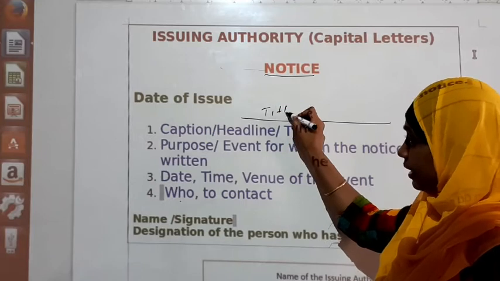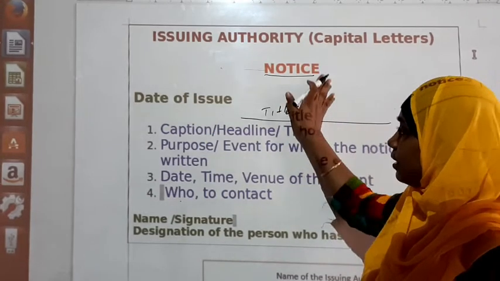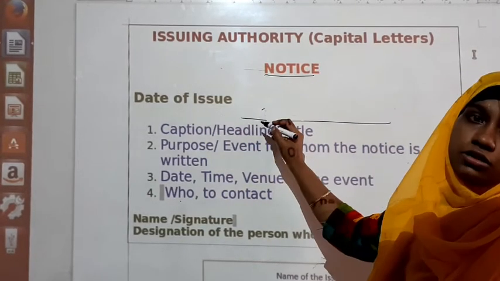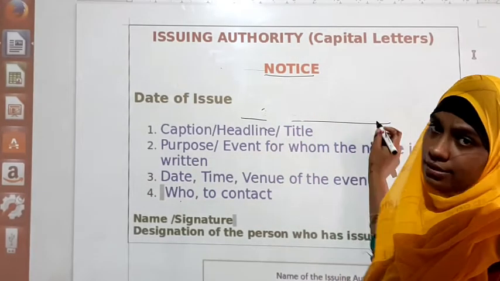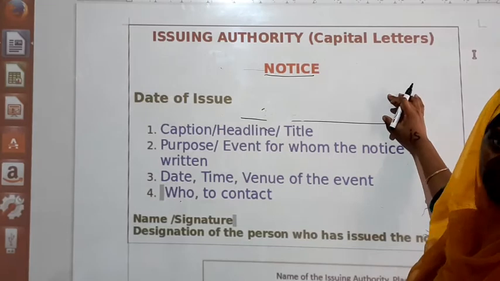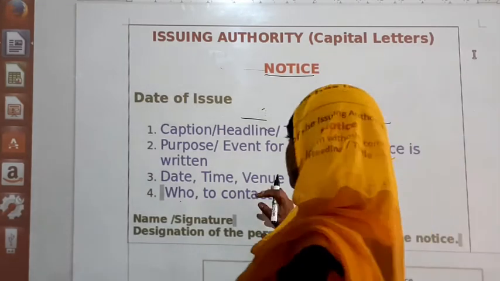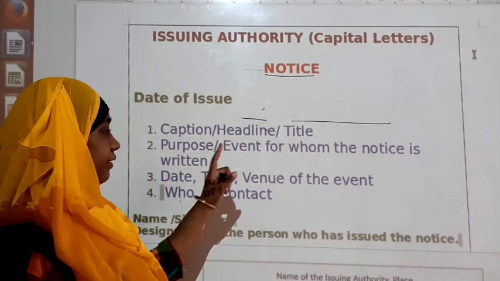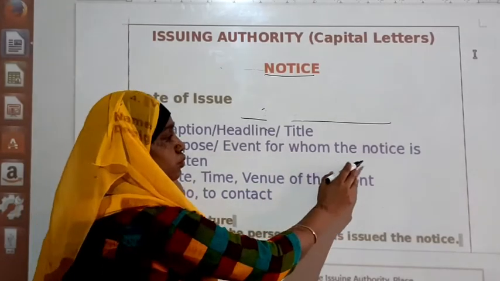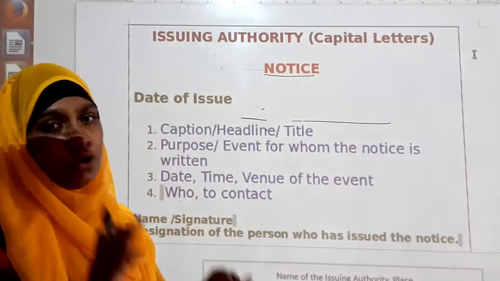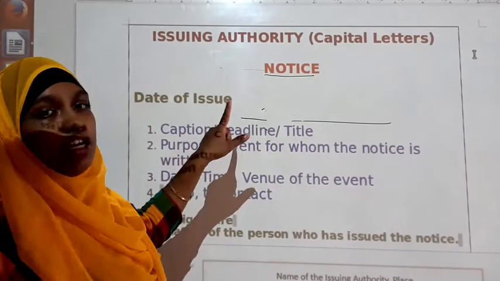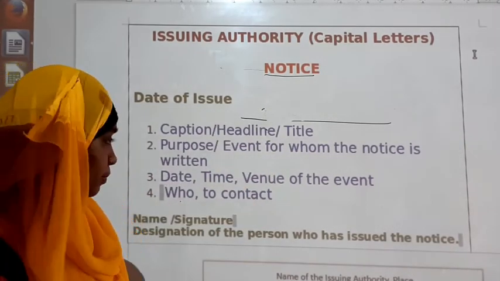Next is the title. You will not write the word title, but something like sports day celebration or annual day celebration. Next you will write in a paragraph the purpose, and for whom the notice is written, such as the students of that school, as we put it up on the notice board.